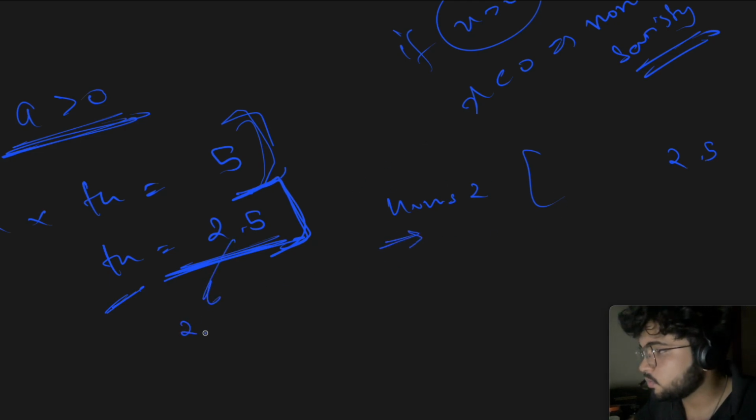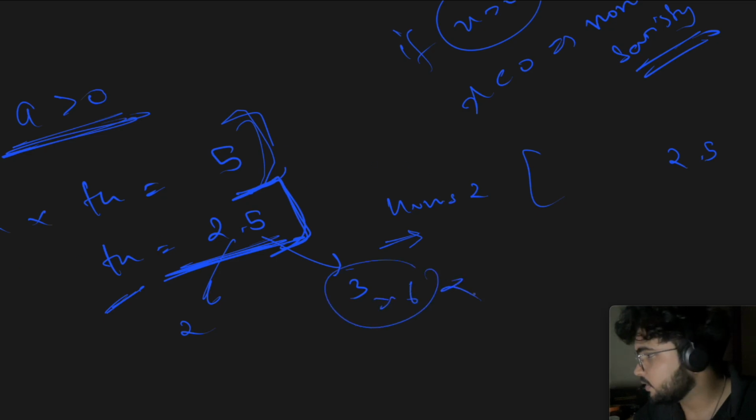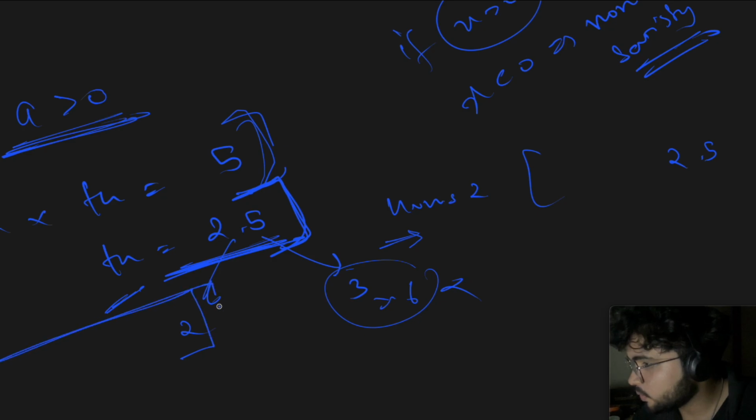So either there will be 2 or there will be 3. When we multiply 3 with 2, we get 6, so we don't want this. We only want elements which are less than or equal to 2.